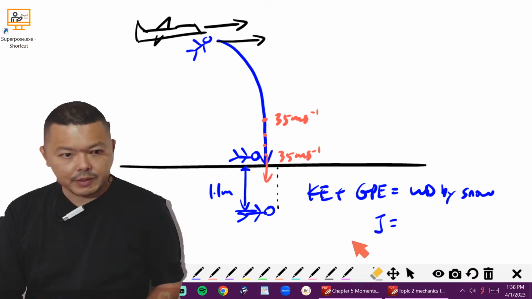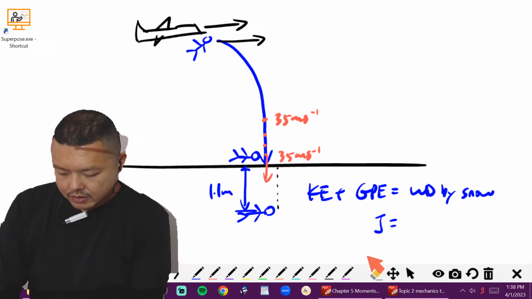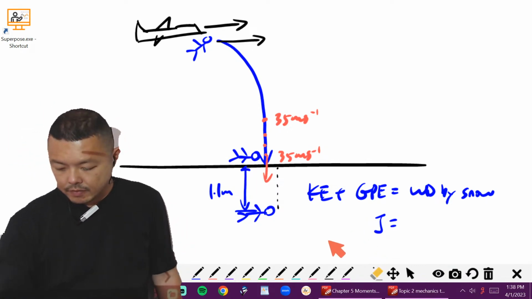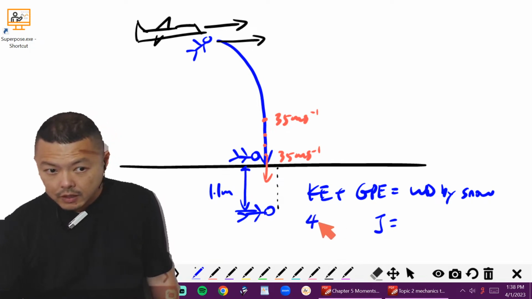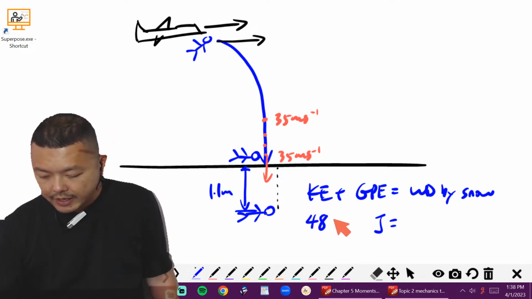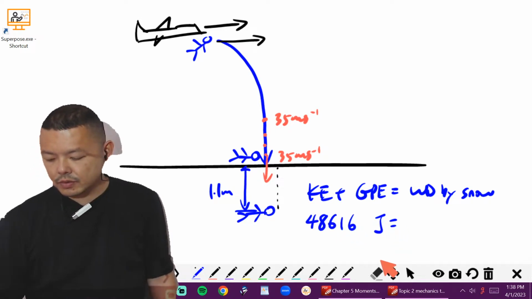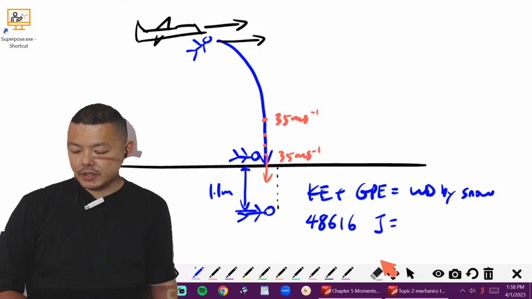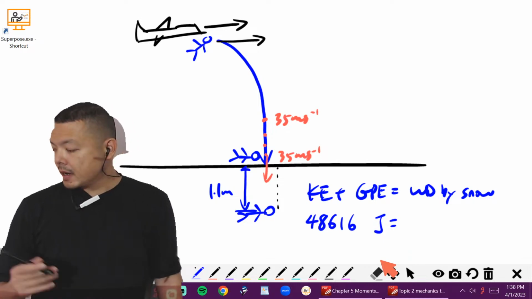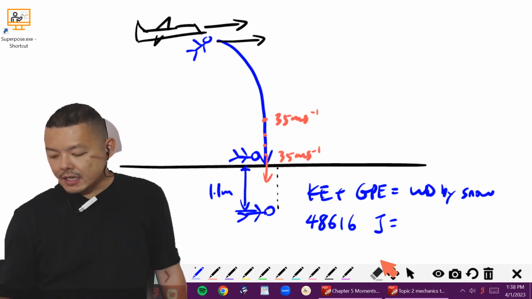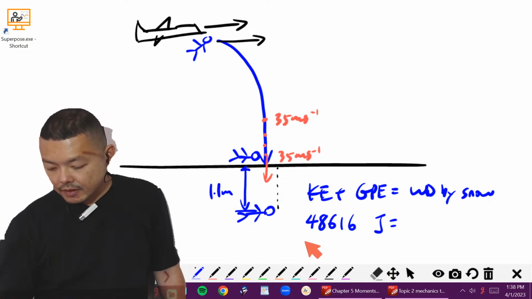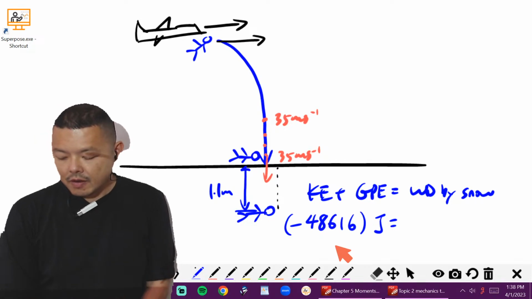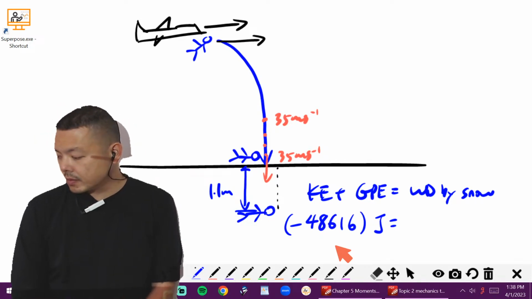So what's the answer you got? 48,616 joules. Okay. But you look at the answer key, it says that the answer is negative. Basically, it's saying that the answer should be negative 48,616 joules.